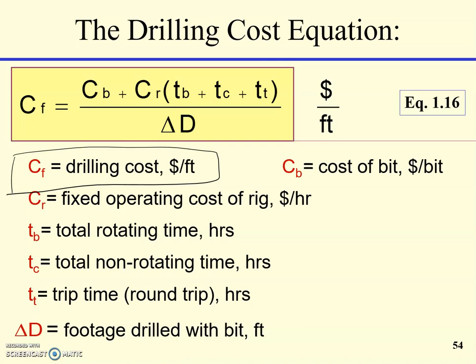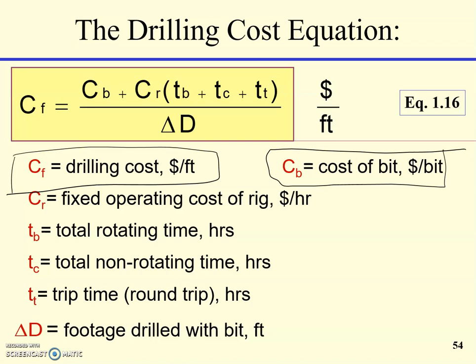And we have the CB. CB is the cost of the bit, and that's dollars per bit. We usually use multiple drilling bits when we do the drilling, so it depends on, for example, you purchase a drill bit which costs you $20,000, and that bit you can use, let's say, for 10 days. That means that the cost of that bit is $2,000 per day, right?